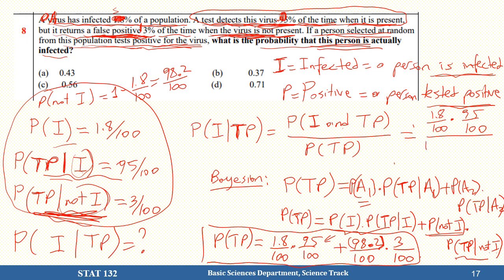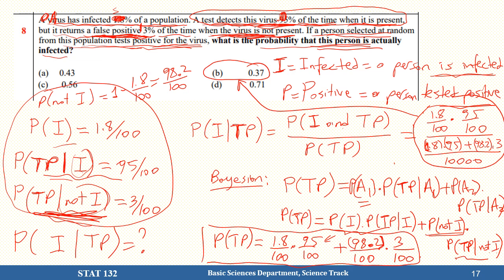It will be 1.8 times 95 plus 98.2 times 3 divided by 10,000, and this will give us 0.37. So if you do this calculation, you will get this one, B.